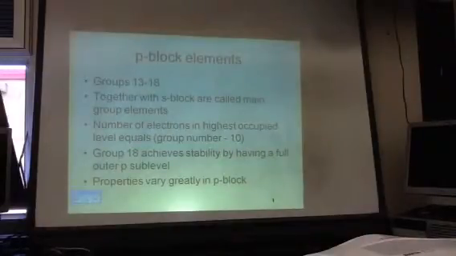So if you're a group 13 element, how many valence electrons do you have? 3. If you're a group 14 element, how many do you have? If you're a group 16 element. Okay. So P block, and you can jot this on here. Valence electrons is group number minus 10.